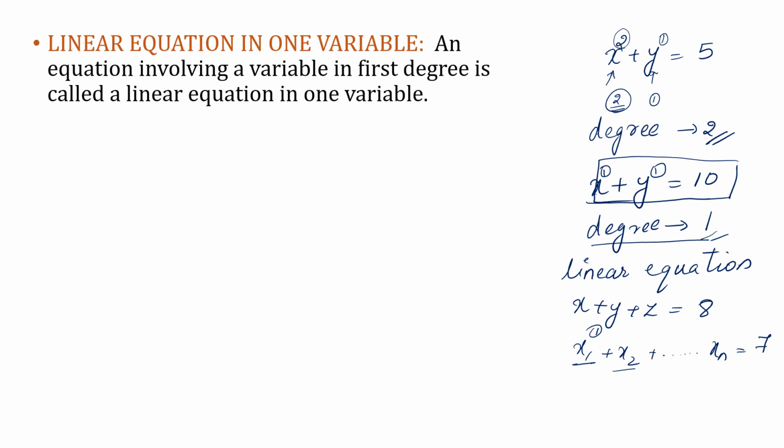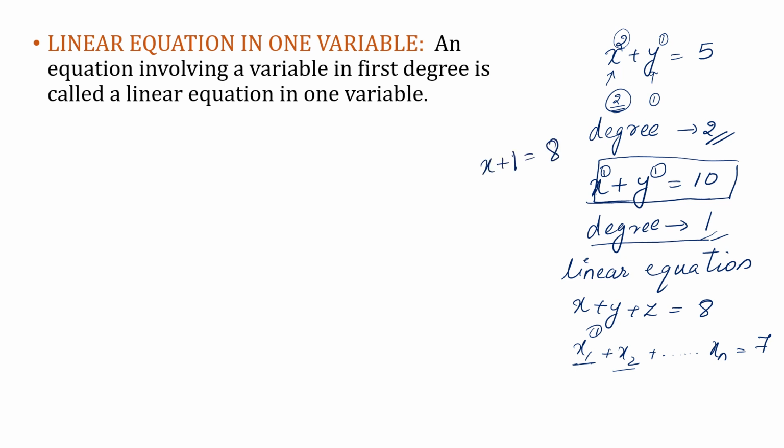But what is a linear equation in one variable? Here one more condition is there: one variable. This also we have to consider. A linear equation in one variable is an equation involving a variable in first degree. So the degree should be 1 and there should be only one variable. For example, x plus 1 is equal to 8.